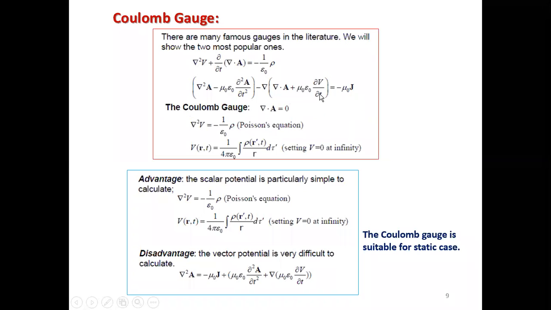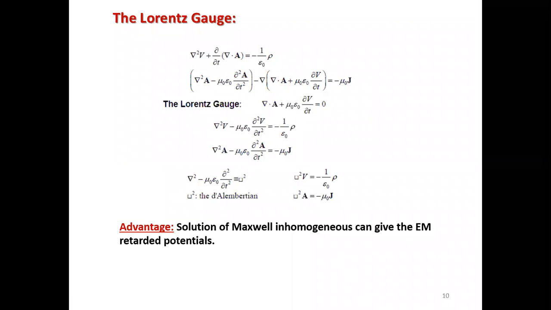If this whole term becomes zero, then we can calculate the vector potential. So if divergence of A plus mu naught epsilon naught dou V over dou t equals zero, then this equation can be solved simply. How?